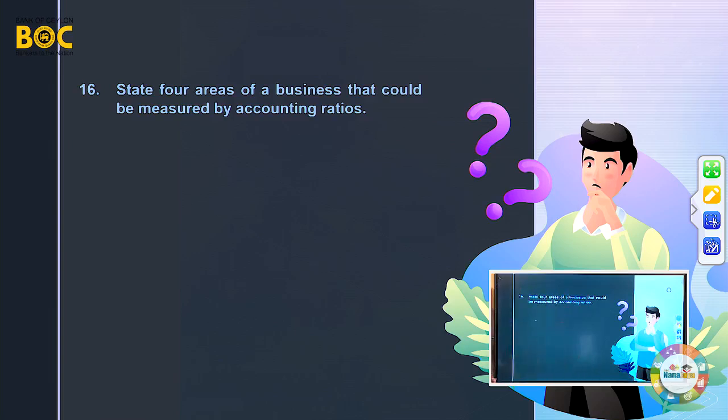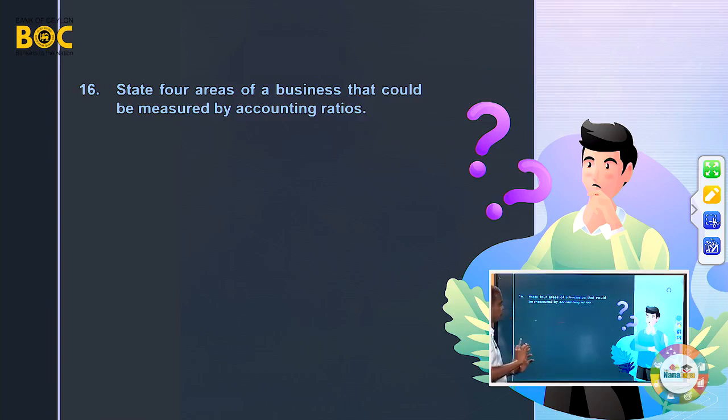Financial stability you can measure through accounting ratios. You can also identify how efficiently the company is running, the efficiency ratios. Then you can measure the profitability of the company.